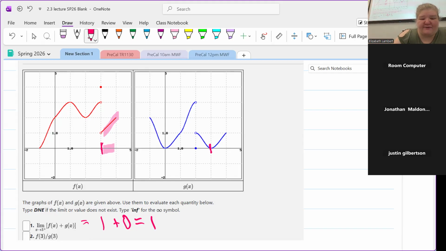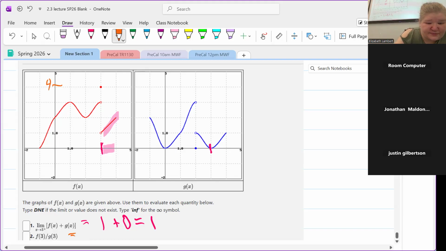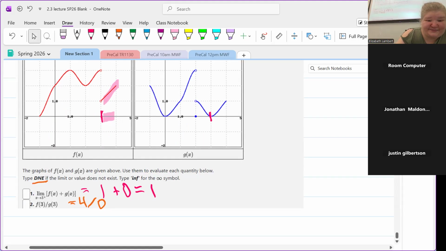Now the second part, f of 3 over g of 3, I don't care what the limits are doing. I am literally just looking for the function value at that number. F of 3 is way up here at 4, divided by g of 3 which is 0. That's undefined, so we're going to go with does not exist.